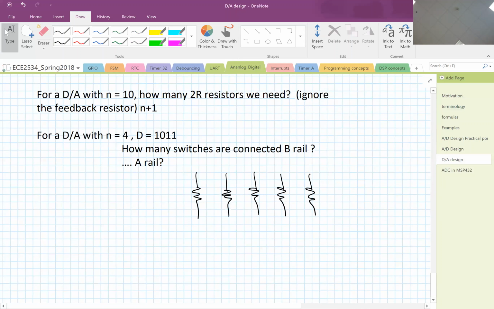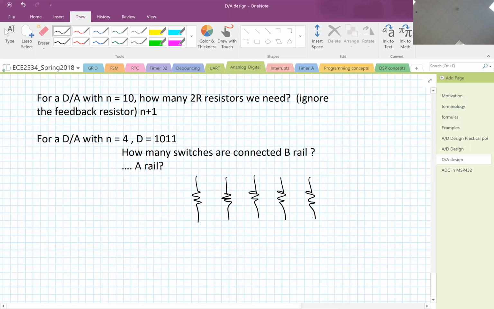The one all the way to the end is the one that is not connected to any switch. The one all the way to the left, is it MSB or LSB? MSB. You would say this is MSB, this is MSB minus 1. It goes all the way to LSB, and it goes even below that, to nothing. You go from LSB to nothingness, like we don't even care about you. So you have your switches. That means this bit is connected to here.